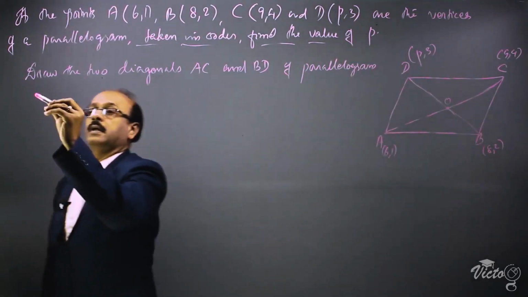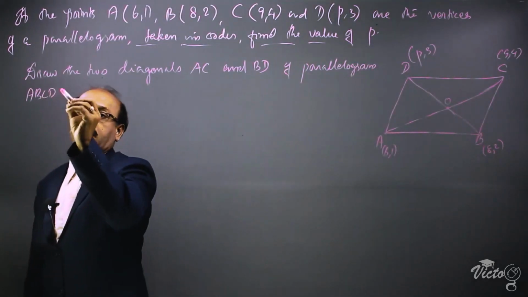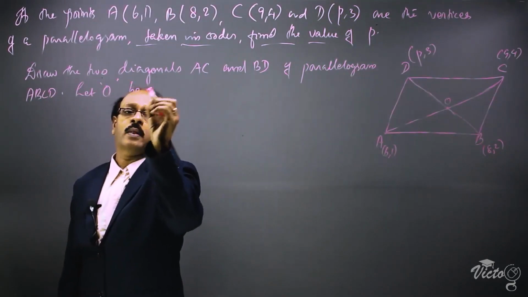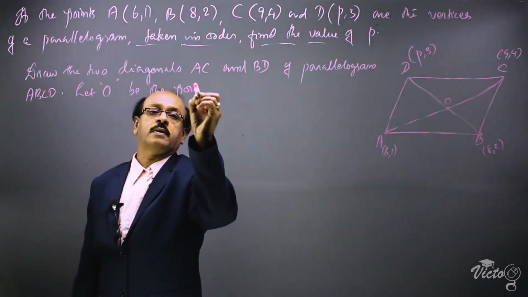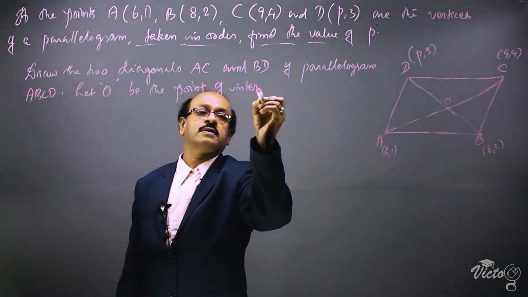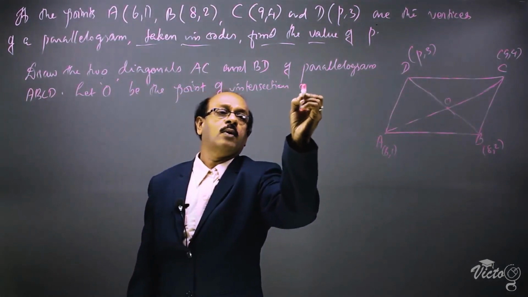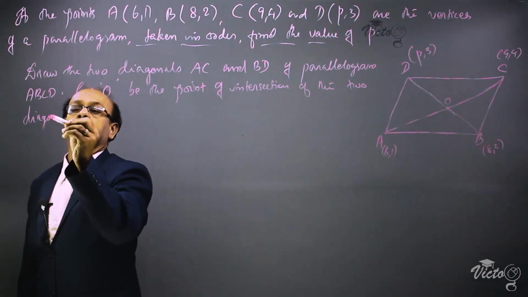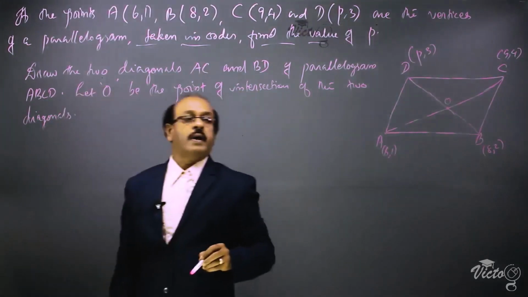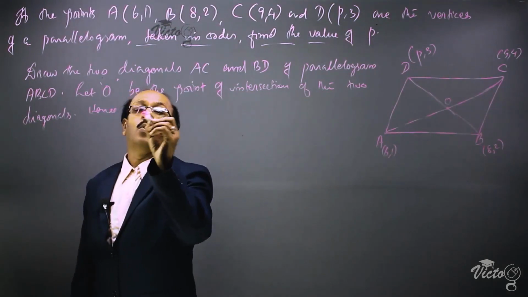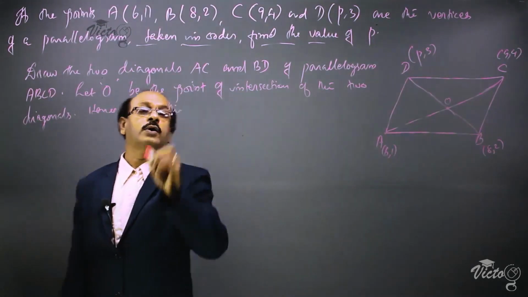Let O be the point of intersection of the two diagonals. Therefore, O is the midpoint of AC.